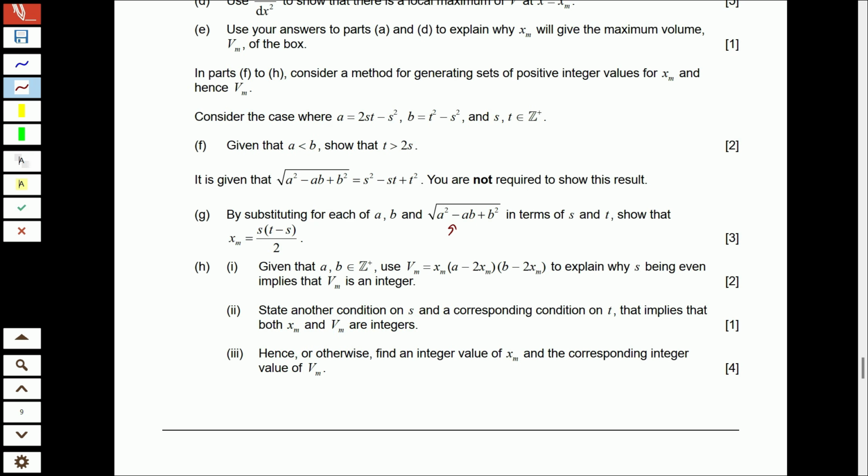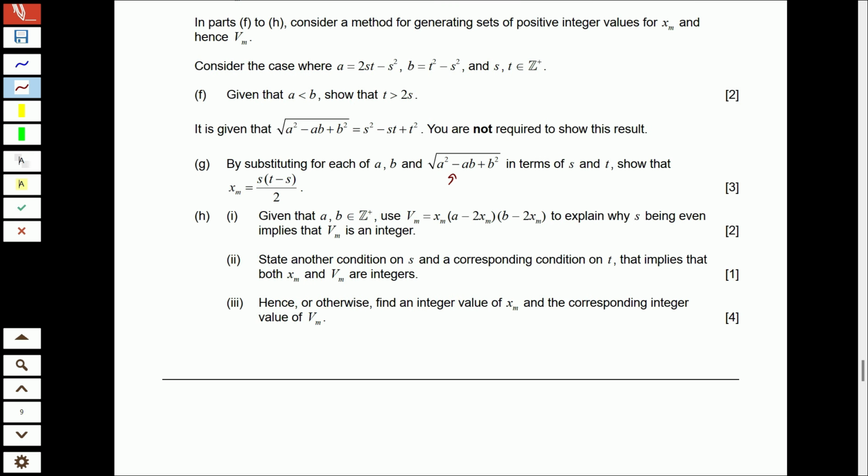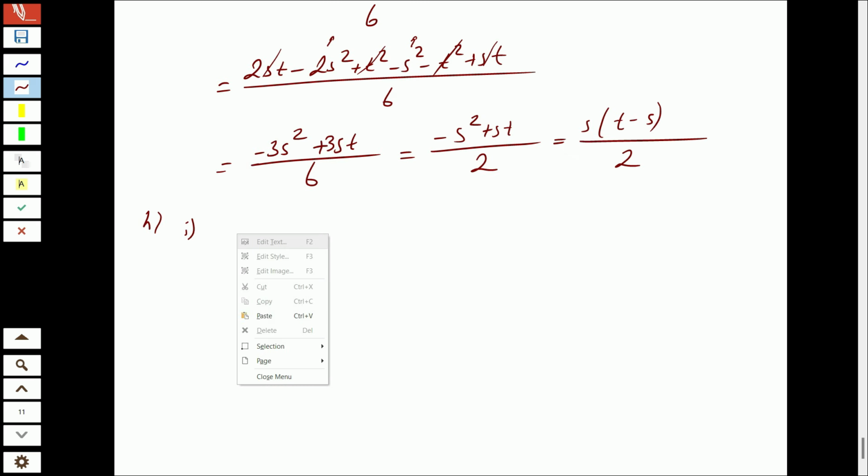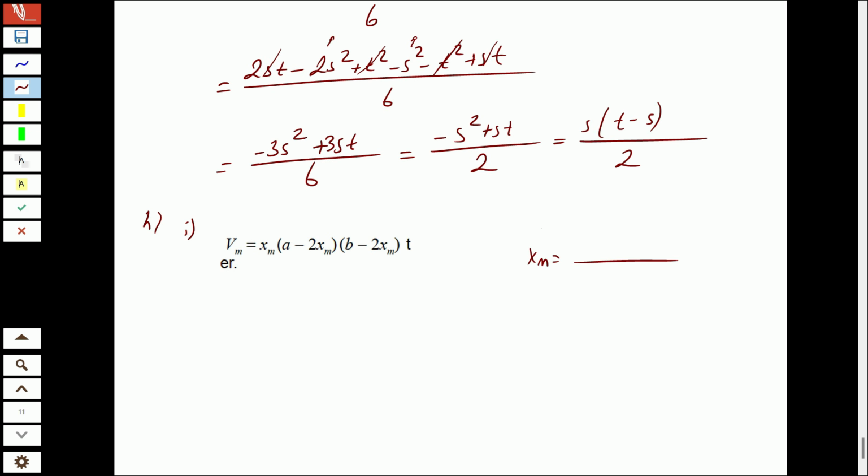The next question is, given that ab is a positive integer, use v sub m to explain why s being even implies that v sub m is an integer. So this is Vm, and I know that x sub m equals s times t minus s divided by 2.